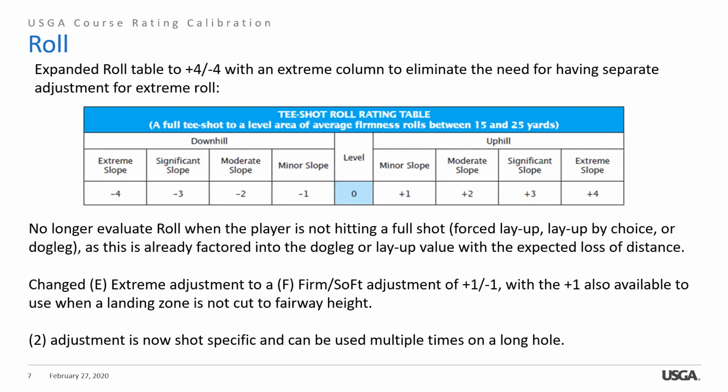So if you're using a significant slope, you're saying you will get 0 roll. To get to the extreme slope, that means you're hitting into a bank, for instance, and the ball is considered to be going backwards about 5 yards. So it's going to be an extremely rare opportunity for us to use extreme slope.